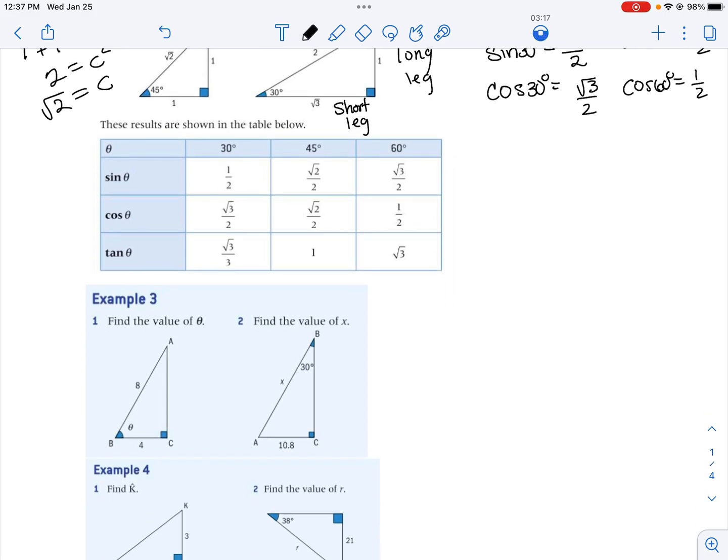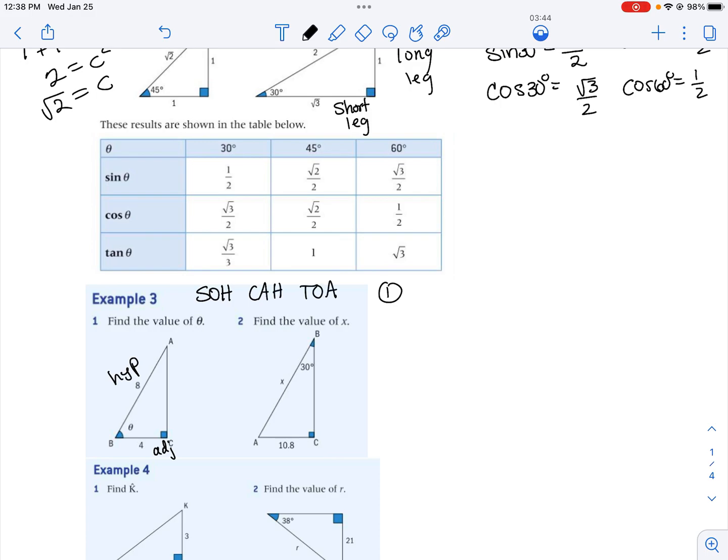So let's look at this example. It's labeled example 3. I just cut and pasted from our textbook. So in number 1, if I want to find theta, so I have 4 is the adjacent. Okay, this is the adjacent. And 8 is the hypotenuse. So you want to think about SOHCAHTOA.